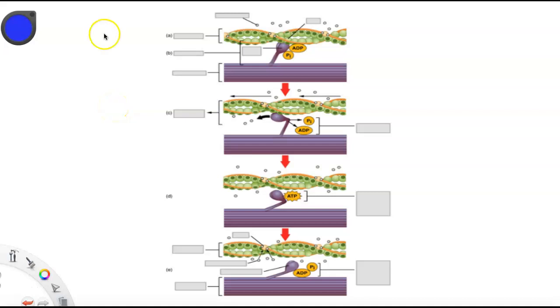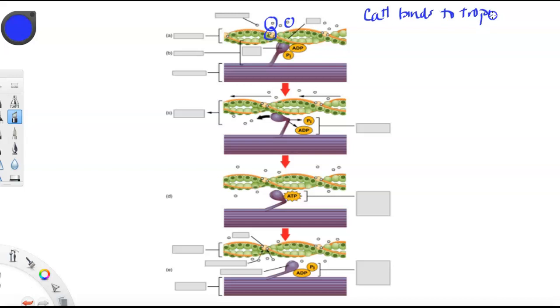So now we have calcium in the sarcoplasm, and here it is. All right, and where's it going to go? Well, remember, it's going to bind to troponin. So calcium binds to troponin. And when it does that, it moves the tropomyosin, this other thing here.